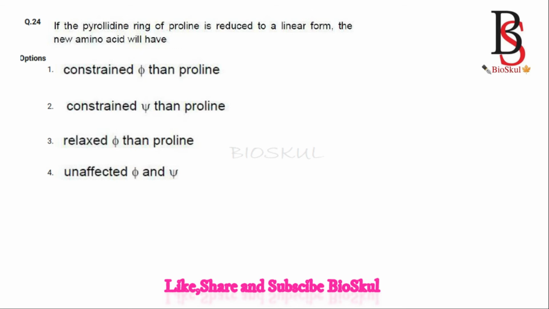Okay, let's move to question number 24. If the pyrrolidine ring of proline is reduced to a linear form, the new amino acid will have. Okay. So what is the structure of proline?